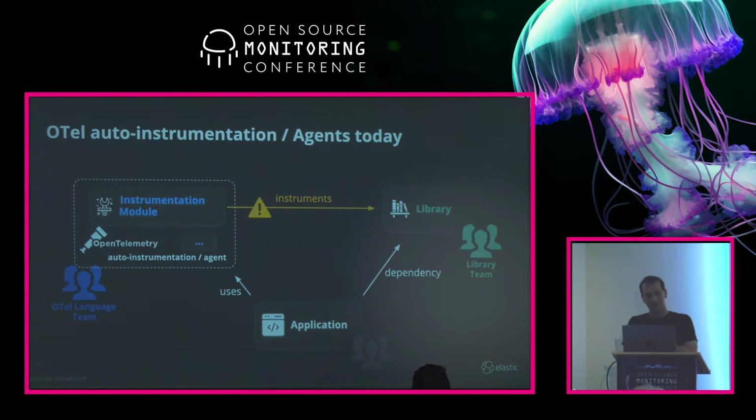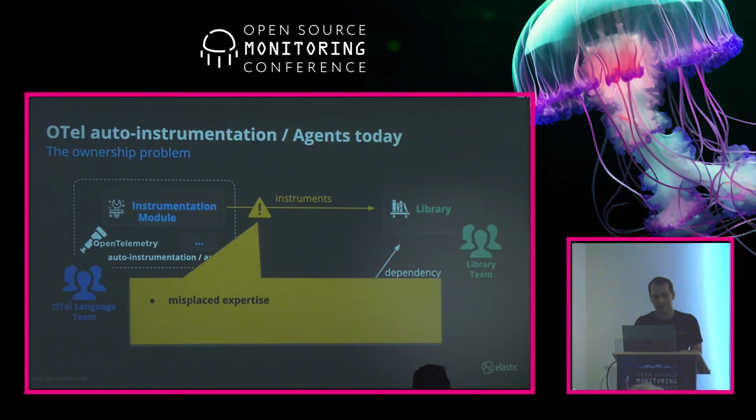So the problem is actually here on the instrumentation side. Because we have a misplaced expertise here. We have the library authors, they spend their whole life creating a library. And then if you want to monitor this, some other team in some other company creates the monitoring for that. So that's a misplaced expertise, clearly. The other one is the maintenance. Libraries have different versions. They come up with new features.